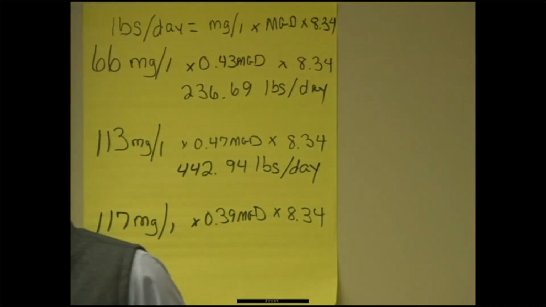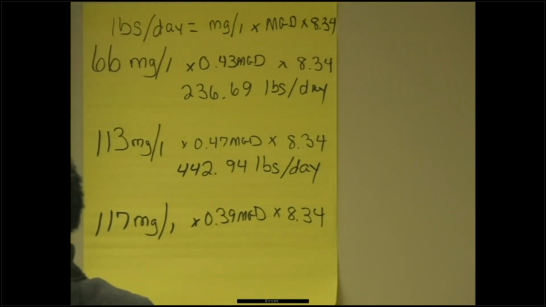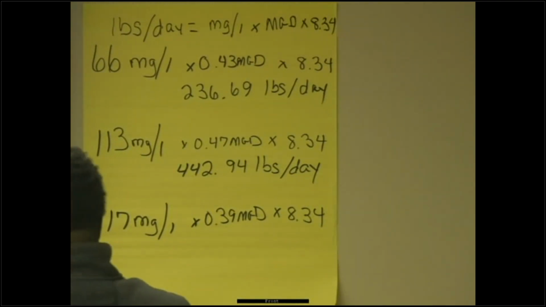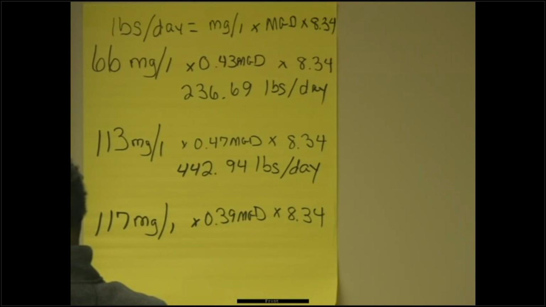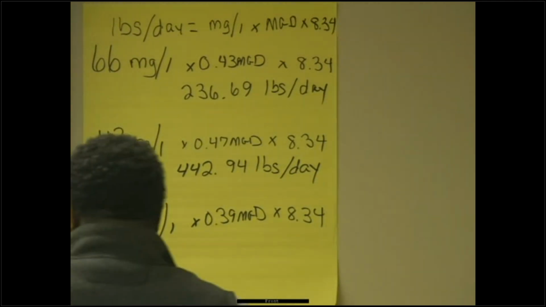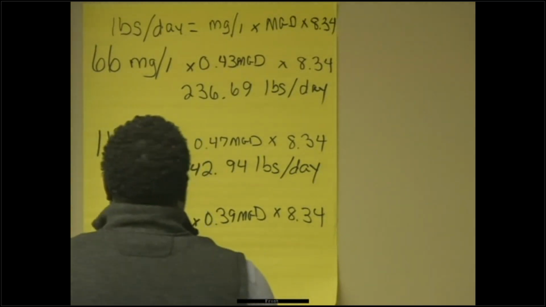And remember that 0.39 is our flow at the time that these samples are being collected. So now we calculate our loading. 117 times 0.39 times 8.34 equals 380.55.